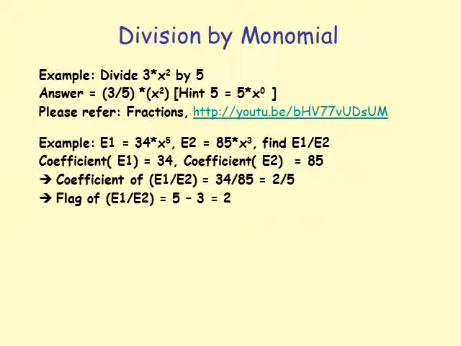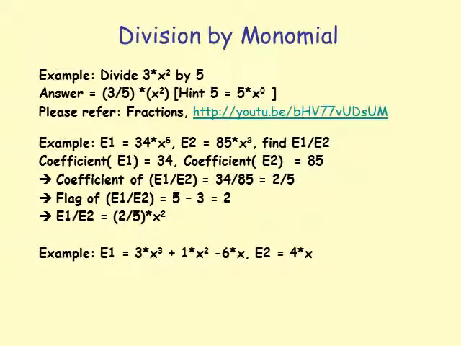The flag of E1 divided by E2 is 5 of E1 and 3 of E2, so 5 minus 3 is 2. That means E1 divided by E2 is 2 divided by 5 as the coefficient, and the flag of the x term is 2, which is x squared here.